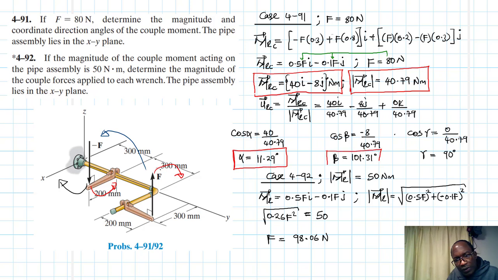Okay, this is still the first case. And then in the second case, the resultant moment was given. We are being asked to find the couple force, which we found is this one here.